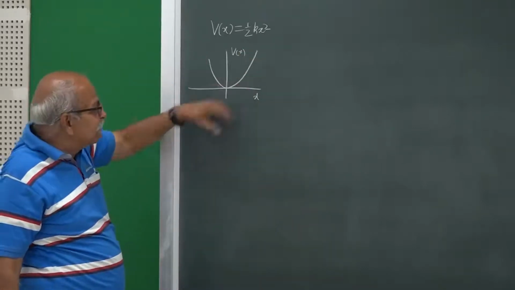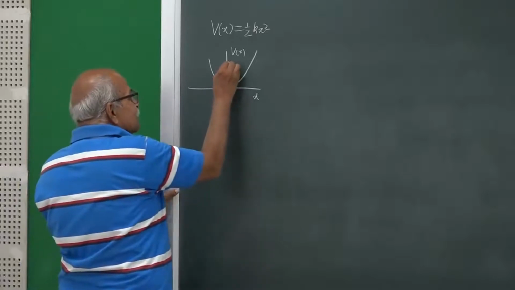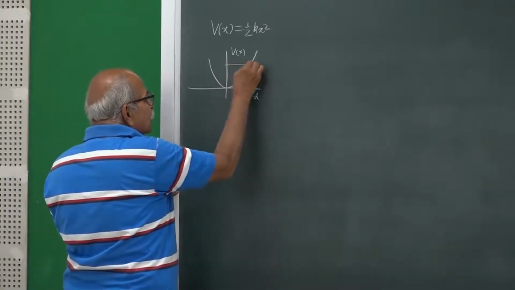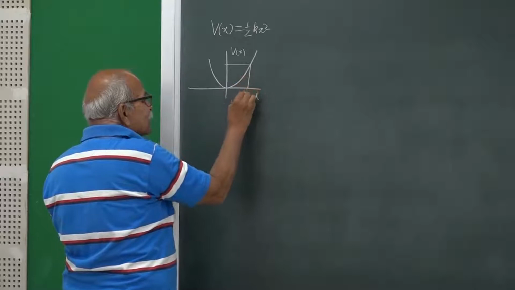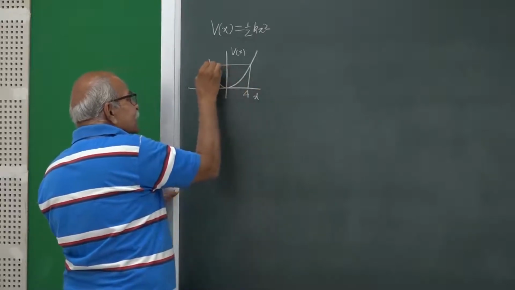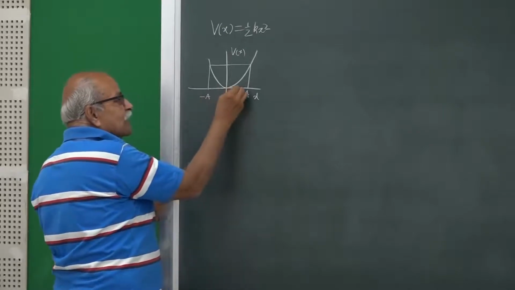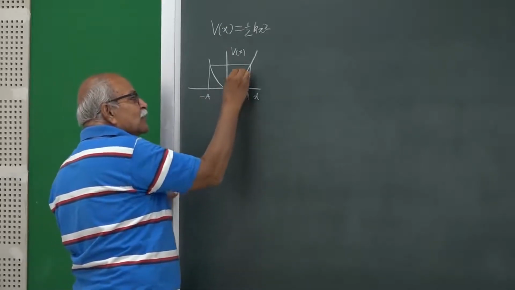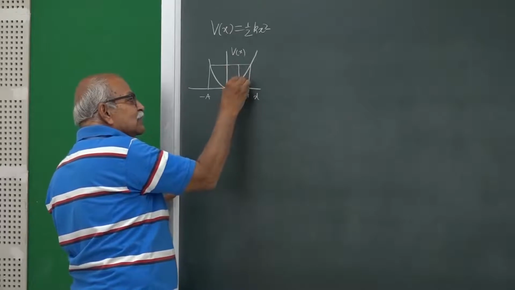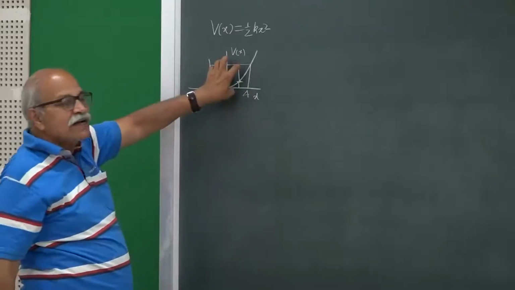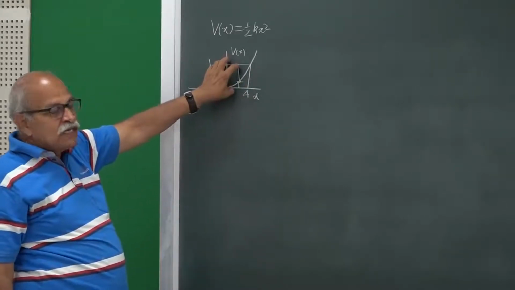If this is given and the total energy is known, then I know what the turning points are, what the amplitudes are, and as a function of x, how much is the potential energy and how much is the kinetic energy at each time. Many things I can derive from these kinds of diagrams.